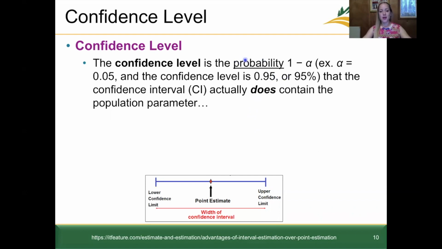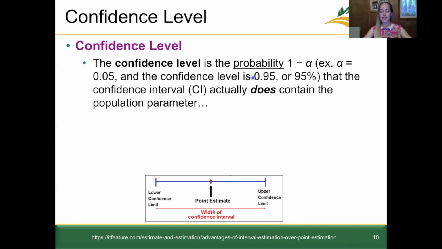I underline probability here because probability values always have to add up to exactly 1. So for example, if alpha is equal to 0.05, we take 1 minus 0.05, or 1 minus alpha, and we get that the confidence level is 0.95. If we converted that into a percentage, that's 95%.